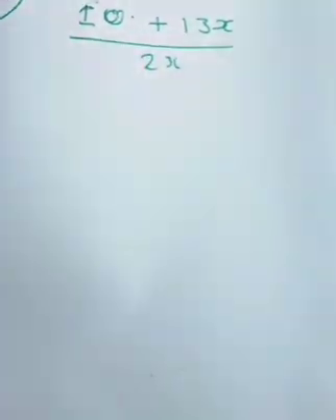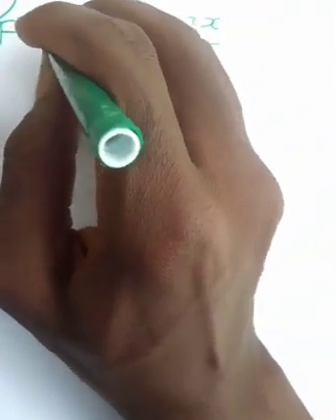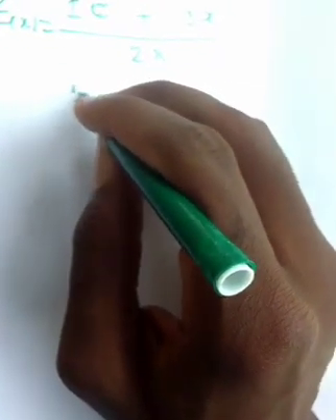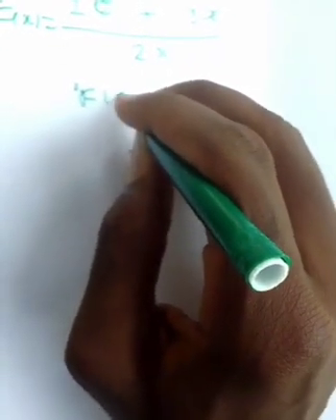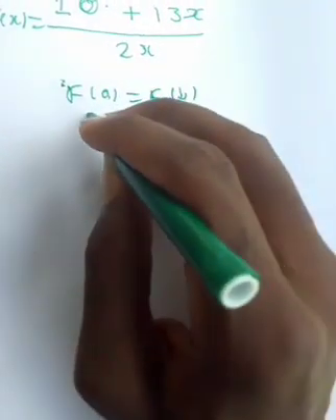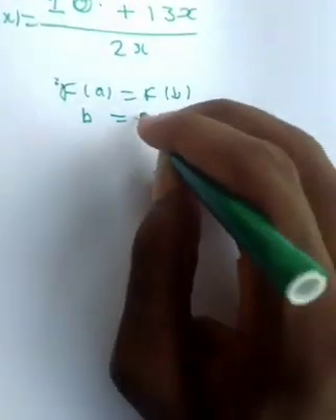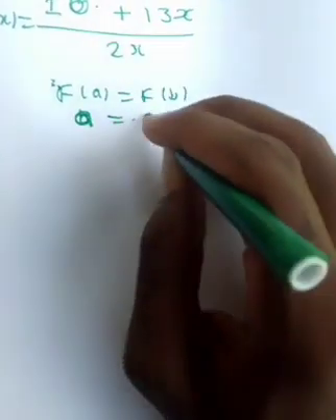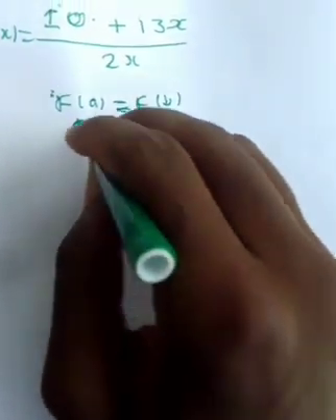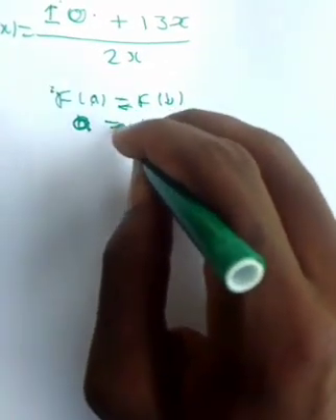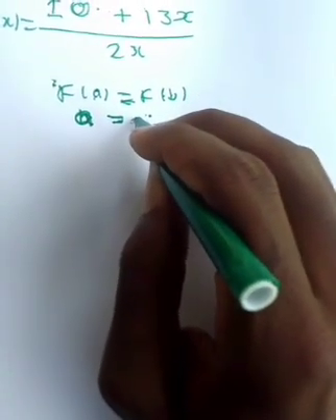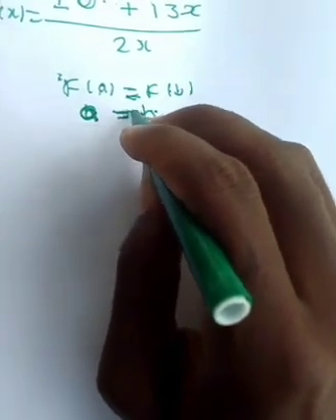If the function is 1 to 1, f of a should be equal to f of b. When you simplify them, f of a should give you a, and f of b should give you b.